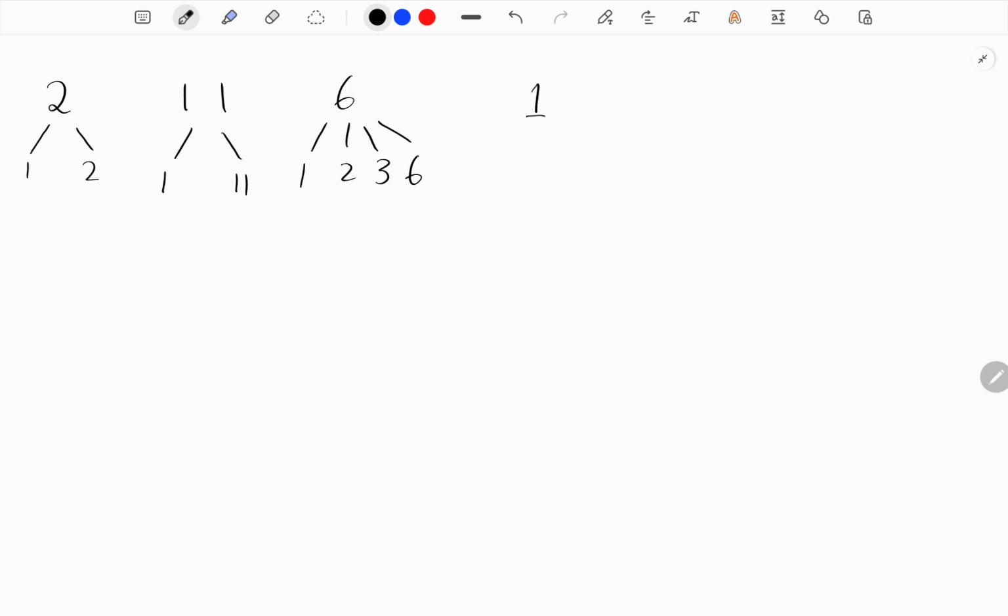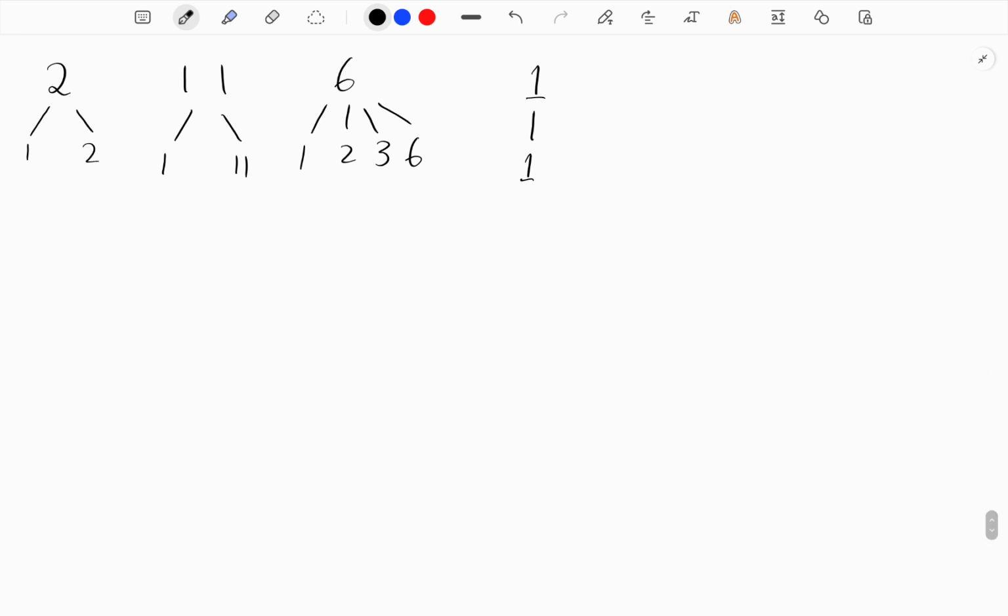And the number 1 is not a prime number because the only factor of 1 is 1. So therefore, it's not a prime number. Okay, so 2, 11, 5 are examples of prime numbers.